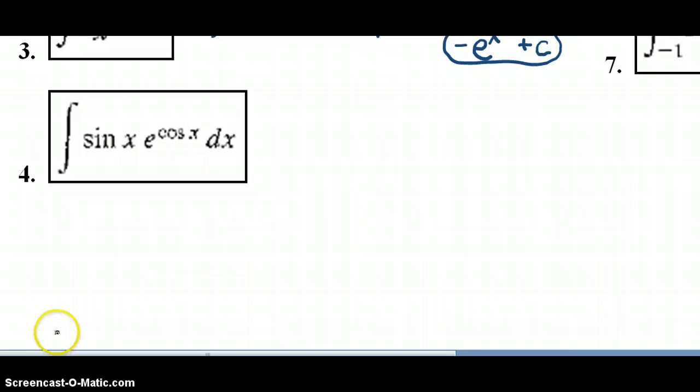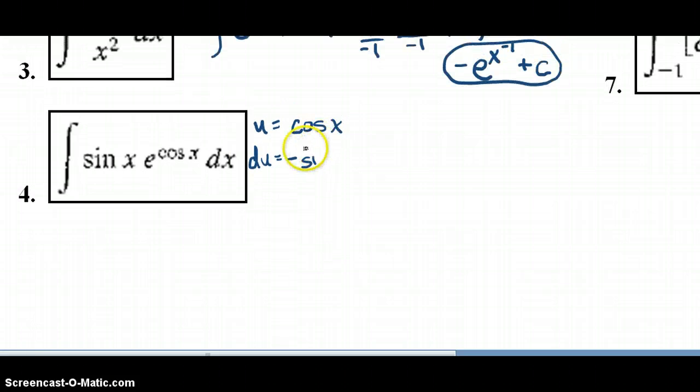Number 4 looks complicated. We've got trig functions, but we've got the product, so u sub, and e is raised to the cosine of x, so kind of the dead giveaway that u is going to be the cosine of x, which makes du negative sine of x dx.